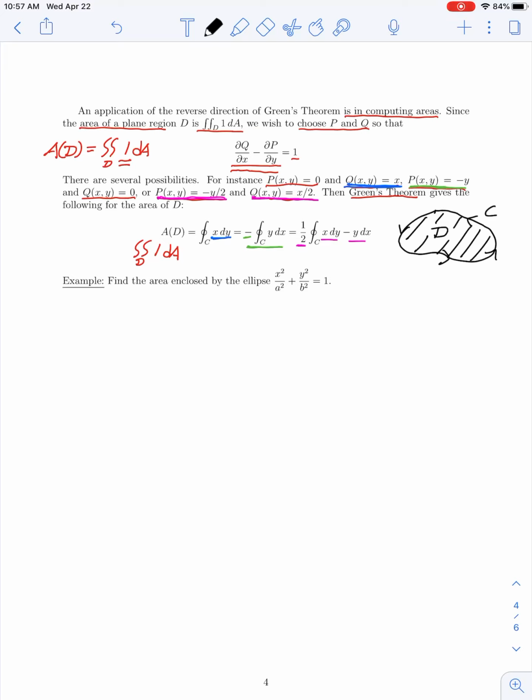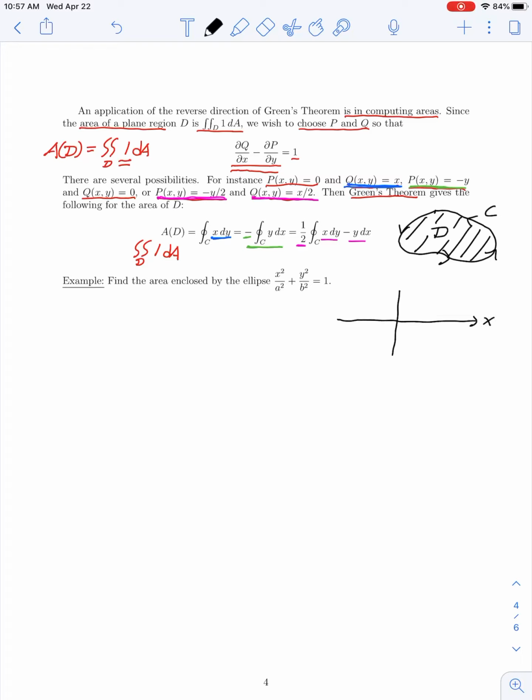So as an example of this, we are asked to find the area enclosed by the ellipse x squared over a squared plus y squared over b squared equals 1. So let's start by sketching this ellipse.